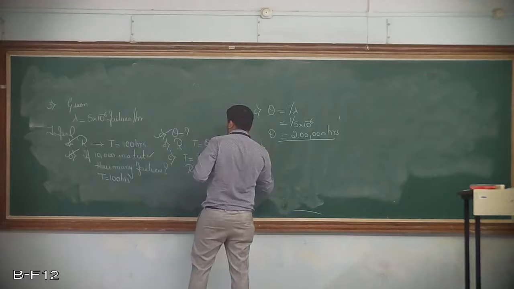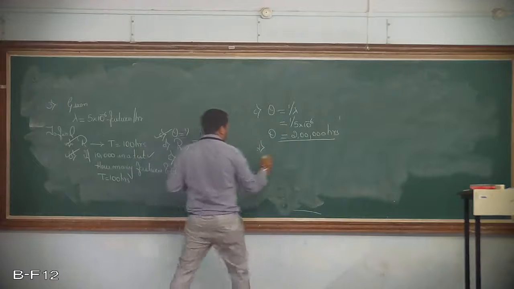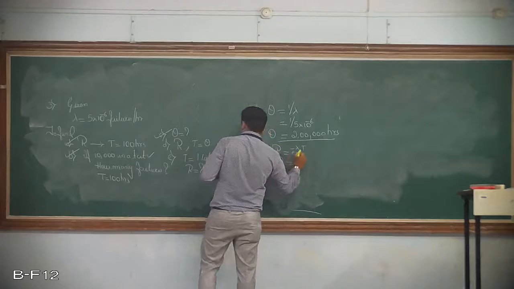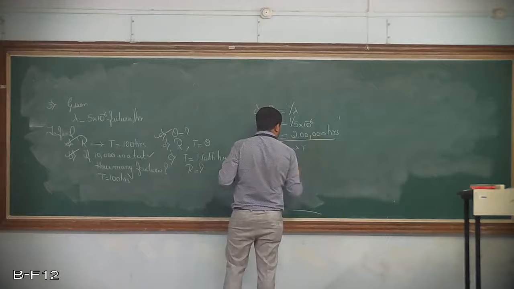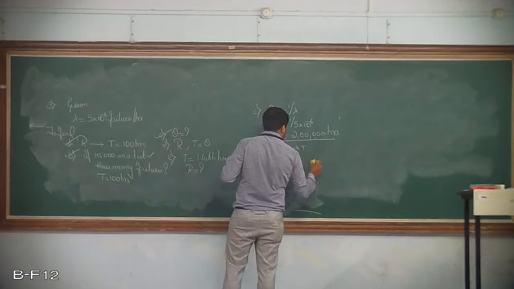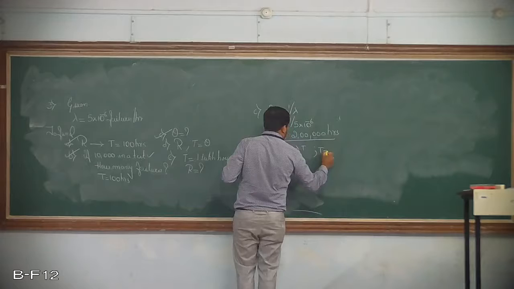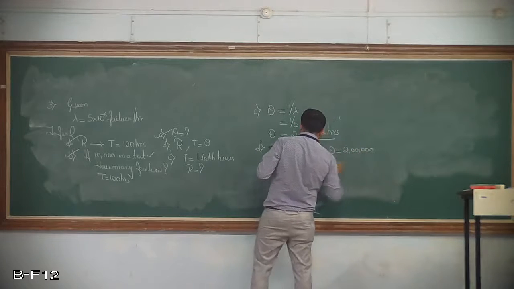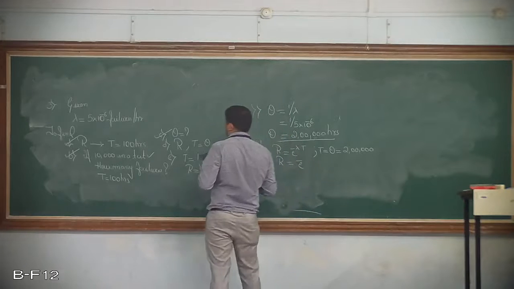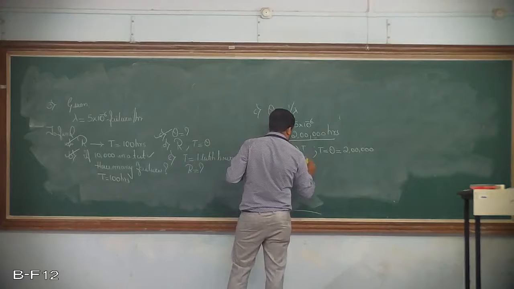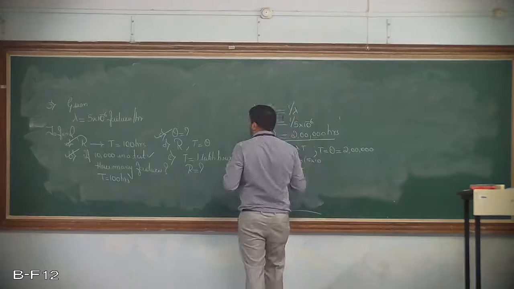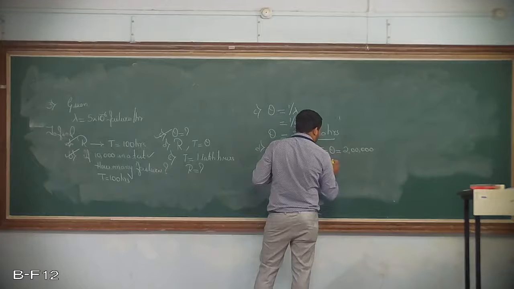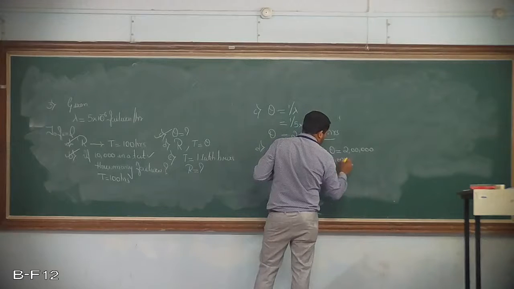Next is to calculate the reliability if time t is equal to mean time between failures, that is 2 lakh hours. So here the failure rate lambda is the same, that is 5 into 10 raised to minus 6, and for t they ask you to consider the value of theta, that is the mean time between failures.